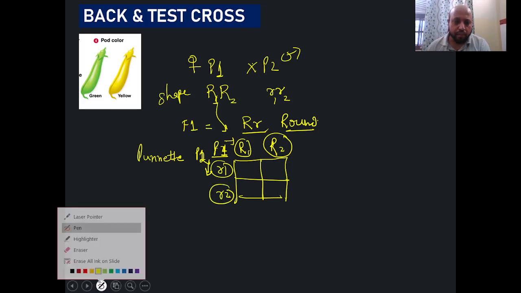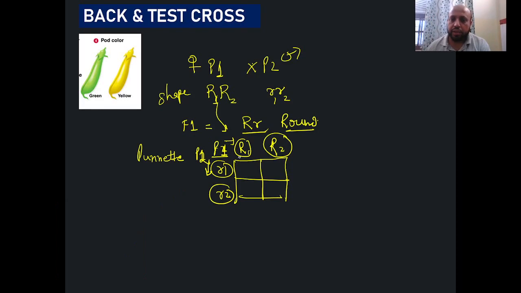Now, how do you make this process clear? You take the first row and the first column, and then you simply write capital R small r. And you keep your first row over here the same, that is small r.